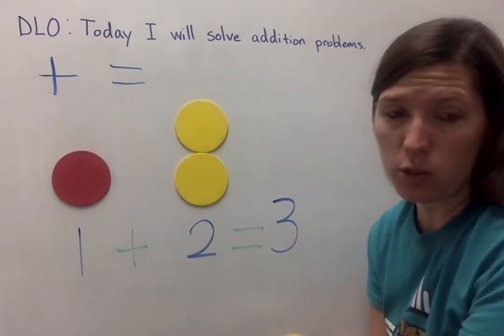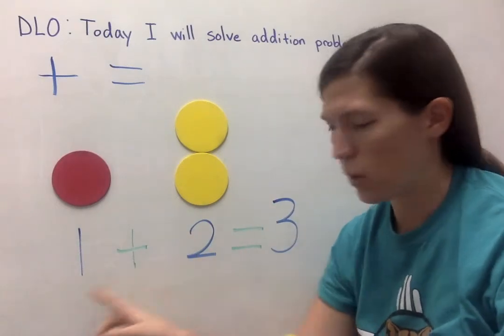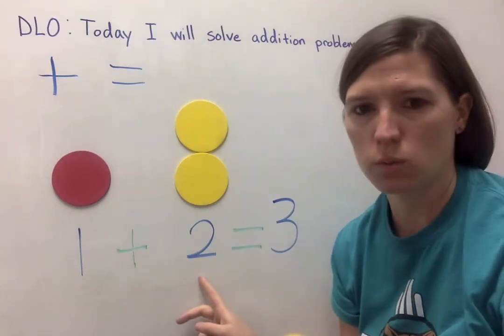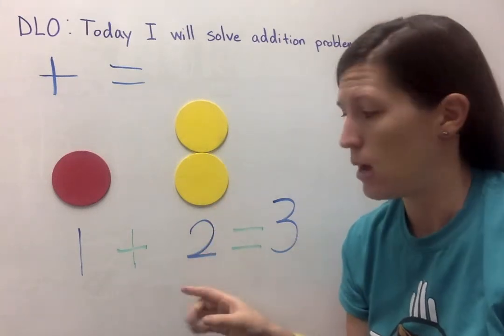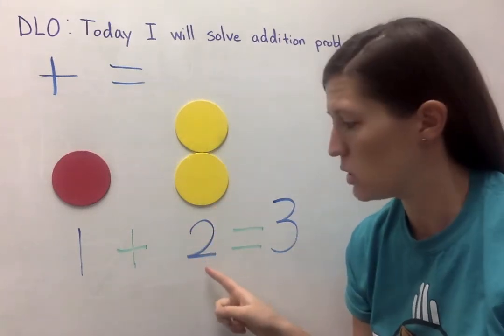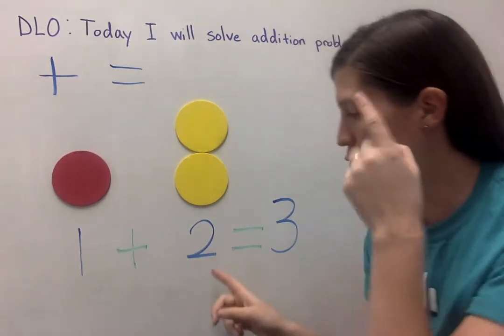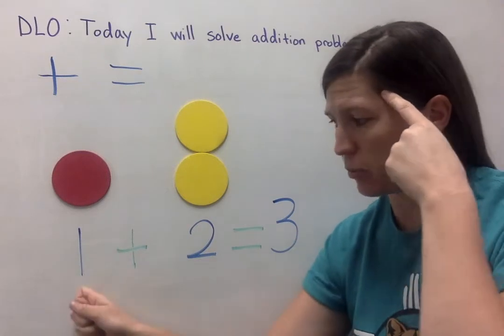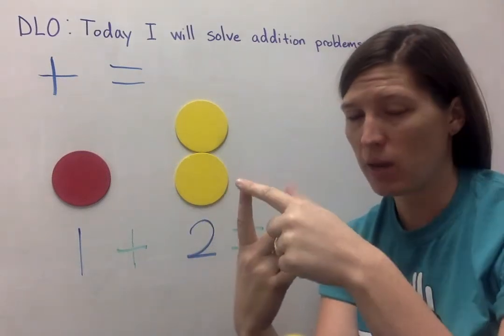This is another way I want you to count too, or add. Which is the greater number? 1 or 2? Greater means more. 2. When I add, I think it's easy to pick the greater number and put it in my head. So put 2 in your head. What's my small number? 1. Put 1 in your hand. If I have 2 in my head, 1 in my hand, I'm going to count up.